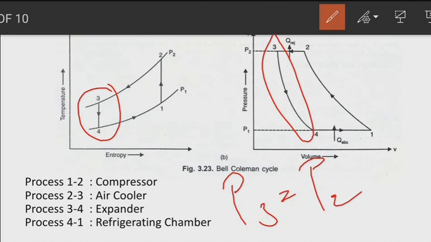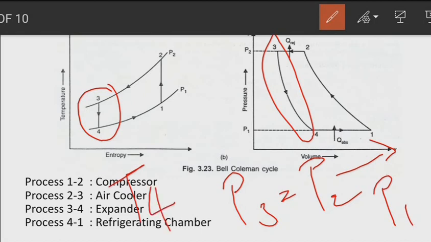The temperature decreases and becomes the temperature T4.